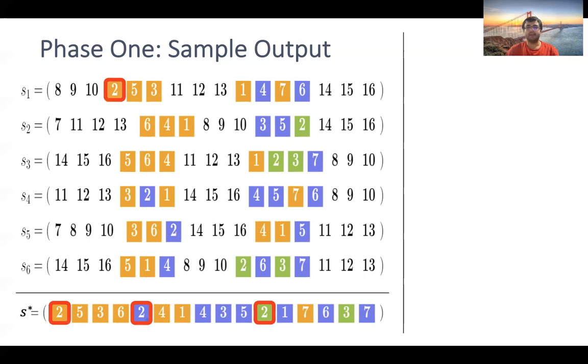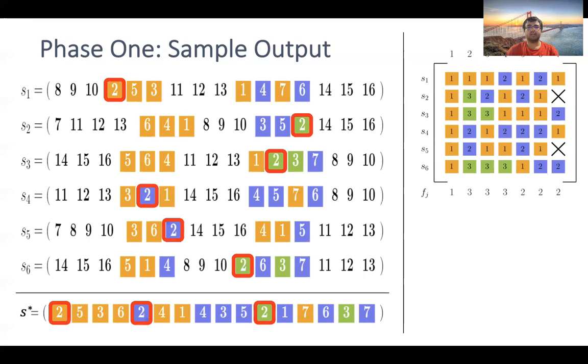We can model this through the following matrix. The columns of the matrix will represent the repeated symbols and the rows will represent the strings. The I, jth entry of the matrix will represent the color with which we colored the jth repeated symbol of string S sub I. Note that for each column, we need to pick exactly one color.